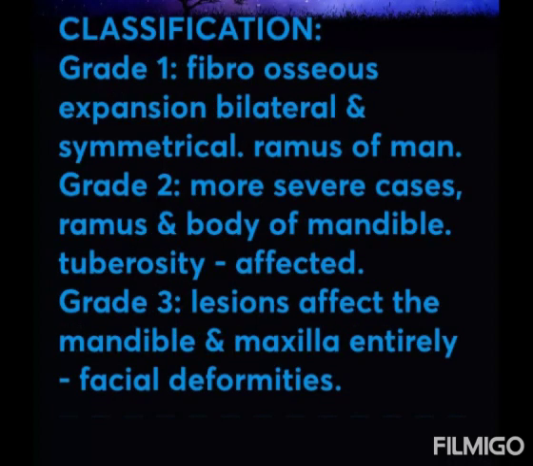The classification has 3 grades: grade 1, grade 2 and grade 3. In grade 1, the fibro-osseous expansion tends to be bilateral and symmetrical, primarily in the ramus of the mandible. In grade 2, in more severe cases, the ramus and body of the mandible are involved, resulting in congenital absence of third and occasionally second molar teeth, and the tuberosity region of the maxilla is also affected.